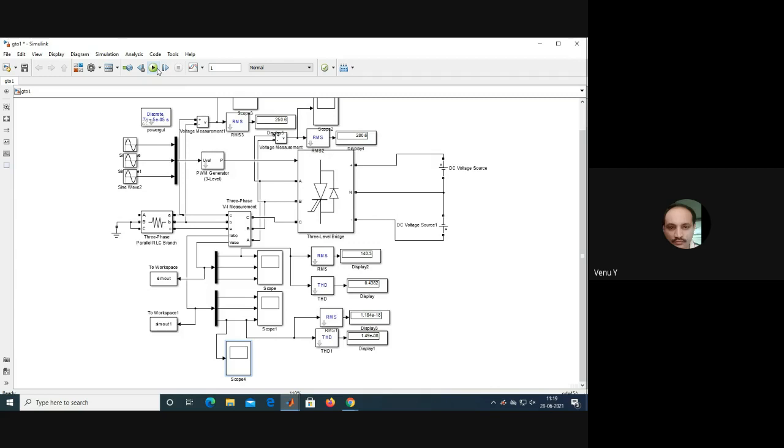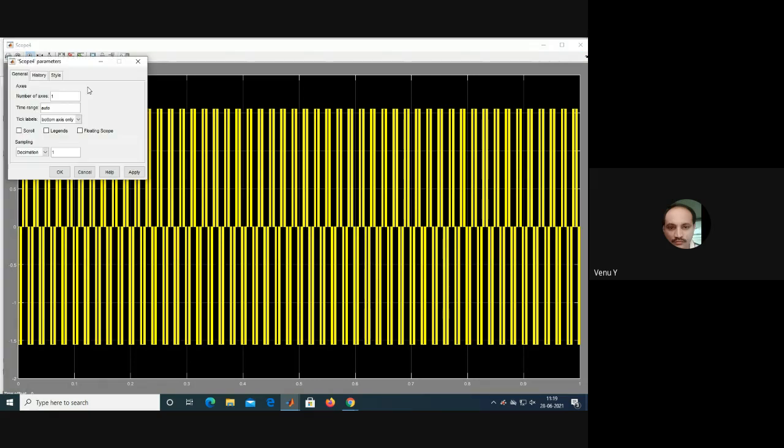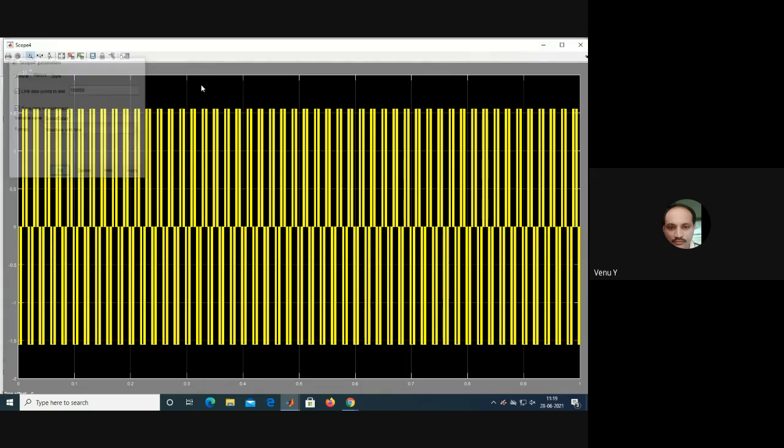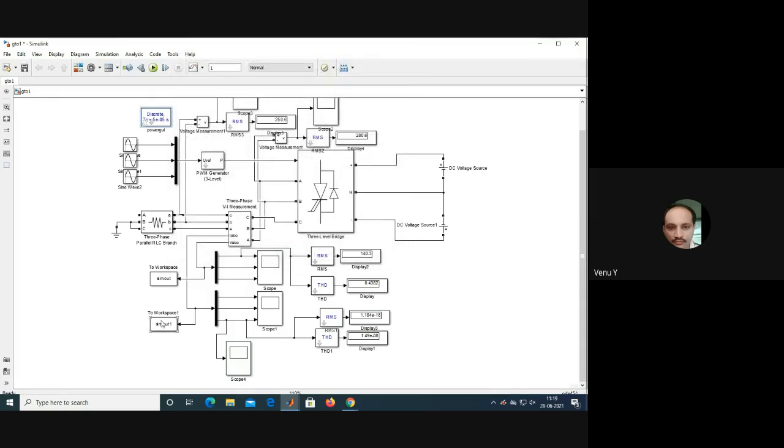Now it is GTO, gate turn-off thyristor. Simout 2 is connected.